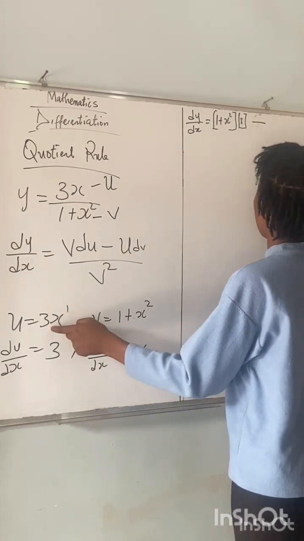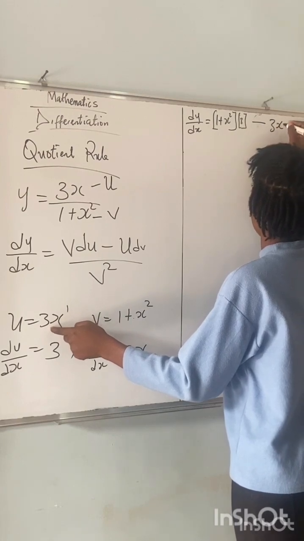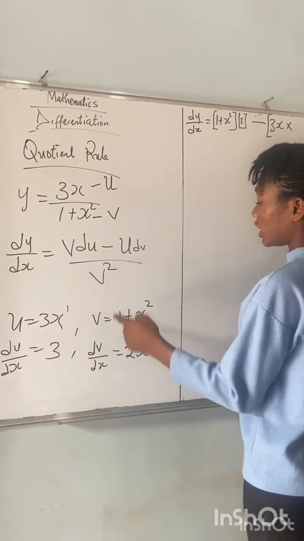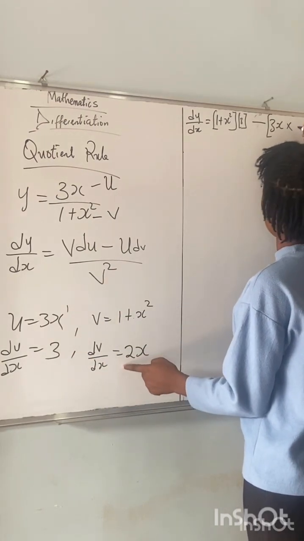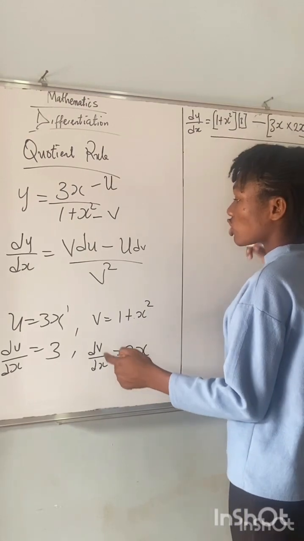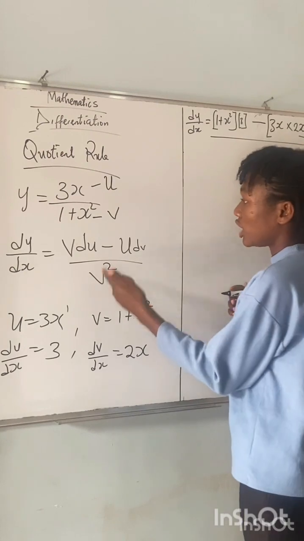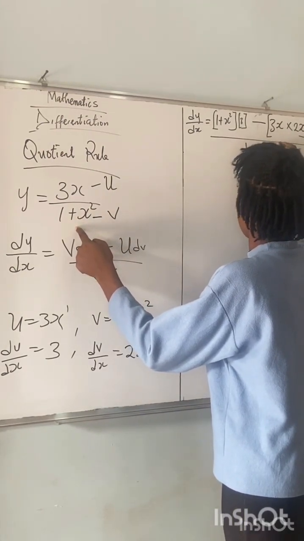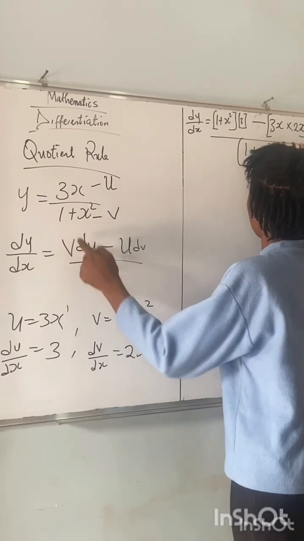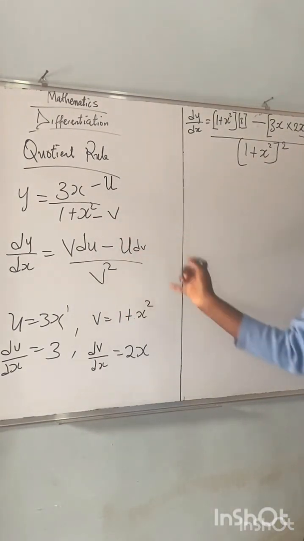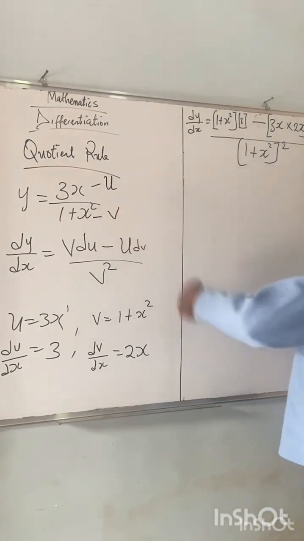Our u in this case is our numerator, 3x, multiplied by our dv, which is 2x, divided by our v squared, just our denominator, 1 plus x squared. Since it is a square, the square will be outside the bracket. The inner square is from the equation, but the format has v squared, so we take our v and still square it.